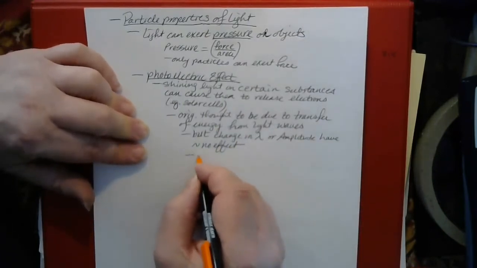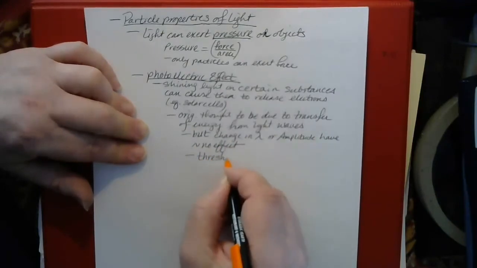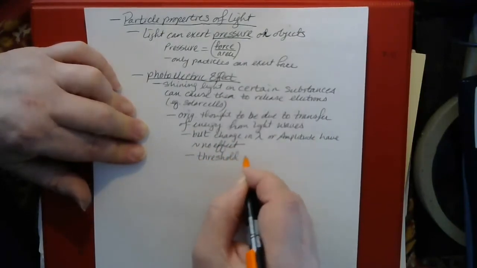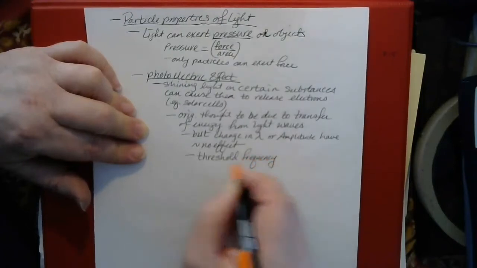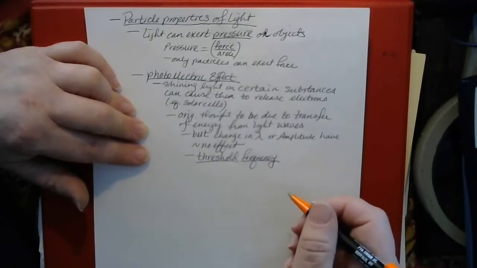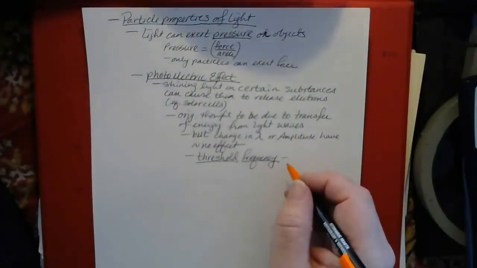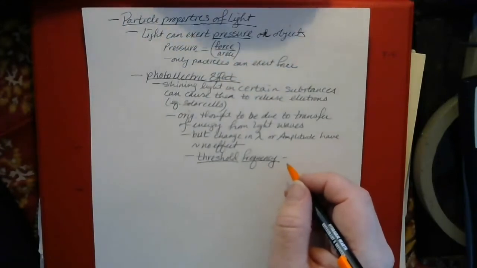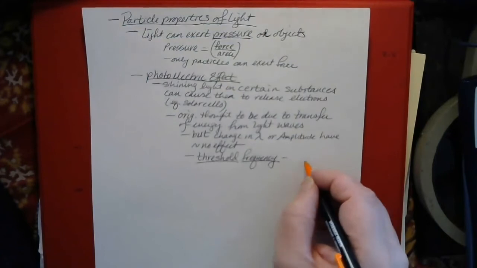What they found, in fact, was that there's something called a threshold frequency, and that is basically the lowest frequency that's capable of causing the substance to emit electrons.